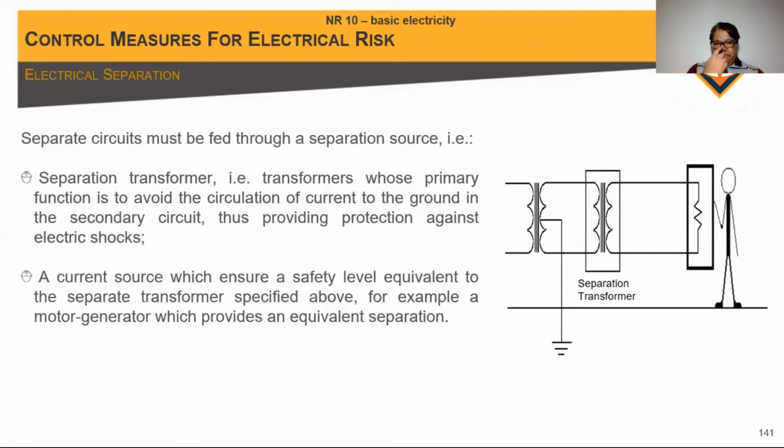For example, a separation transformer whose primary function is to avoid the circulation of current to the ground in the secondary circuit, thus providing protection against electric shocks. A current source which ensures a safety level equivalent to the separation transformers specified above, for example, a motor generator which provides an equivalent separation.